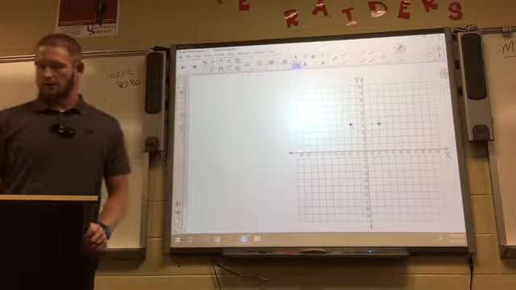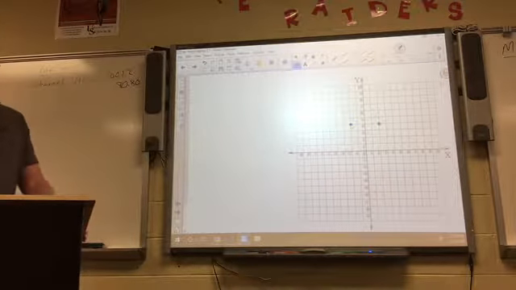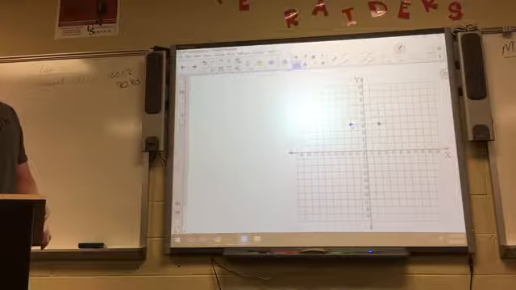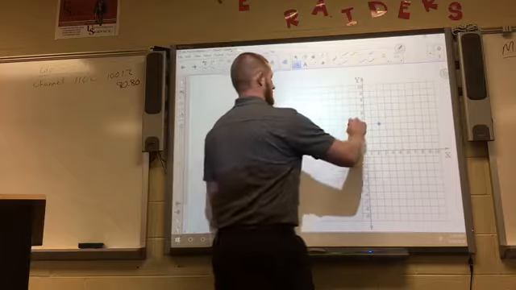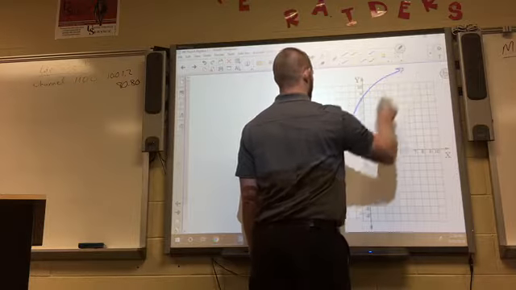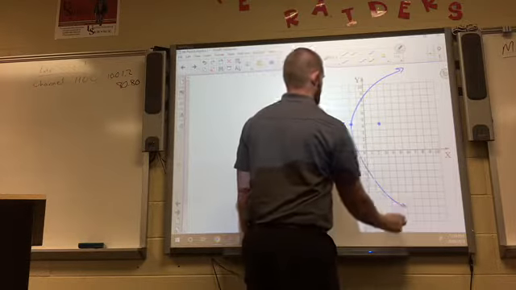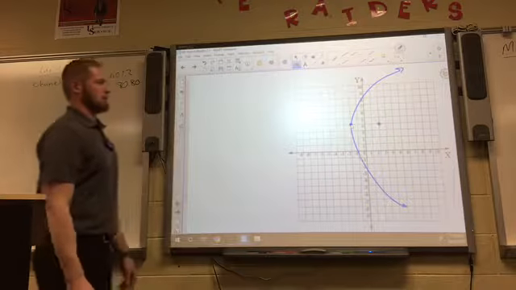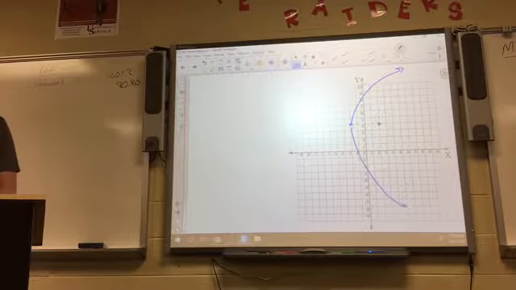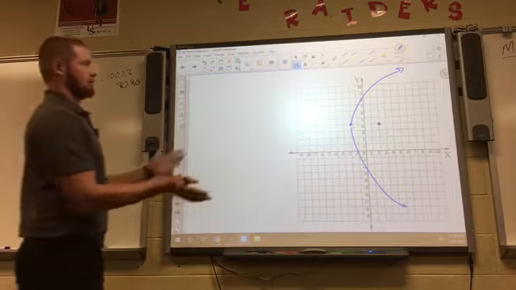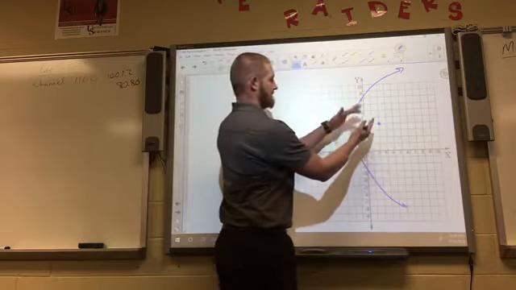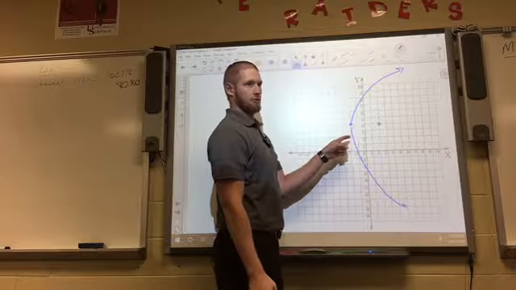Okay, and regardless of what we sketch here for the parabola, completely irrelevant, really, because we are going to get the equation of our parabola based on our focus point. If the parabola were tighter, that focus point would have to be in a different place.